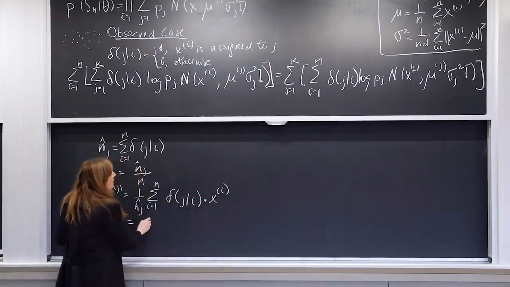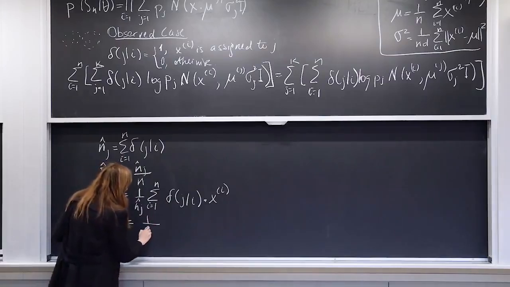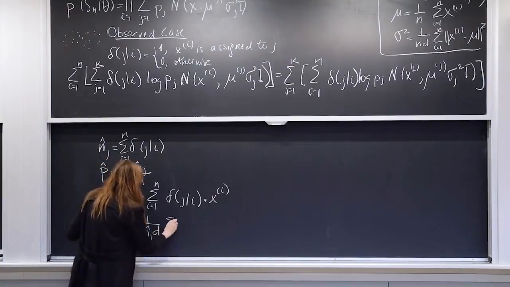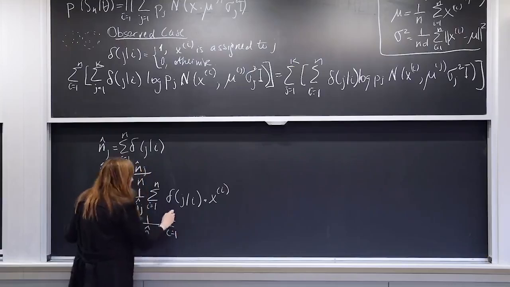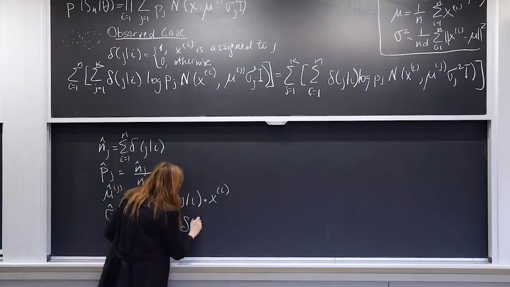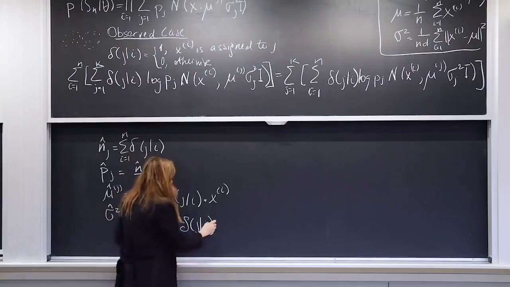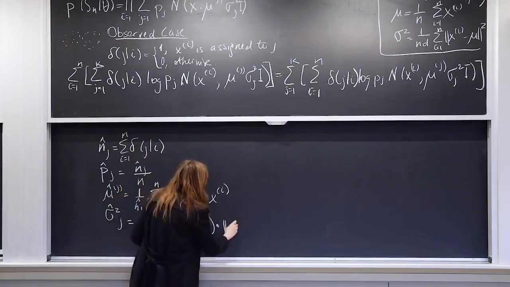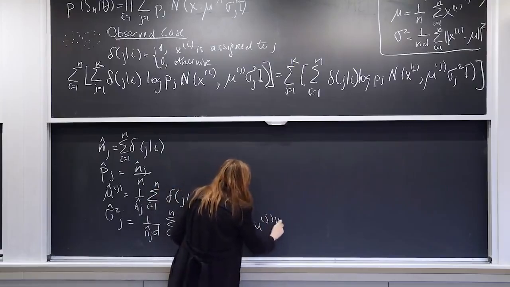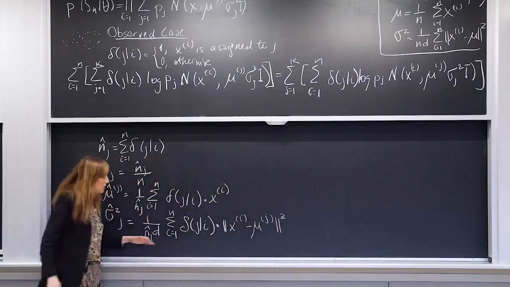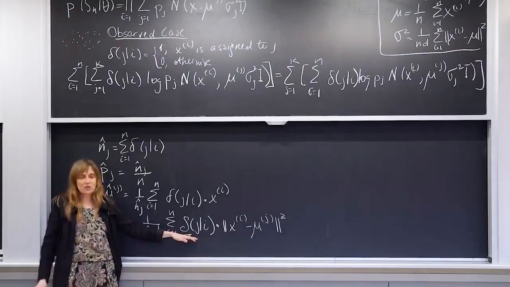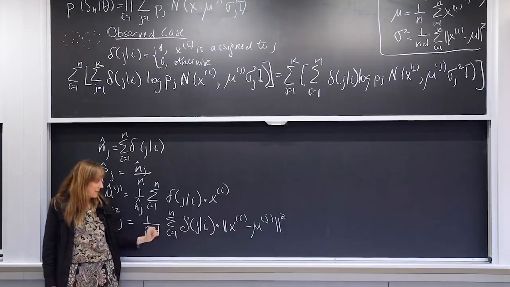So we are going to get 1 divided by the size of that component, D. And now we go select all the points that belong to that mixture. So again, this is a mechanism. Our indicator functions just make sure that we're selecting points that really belong to this specific cluster.